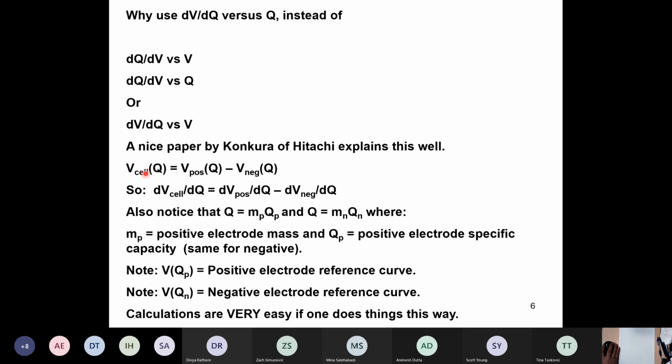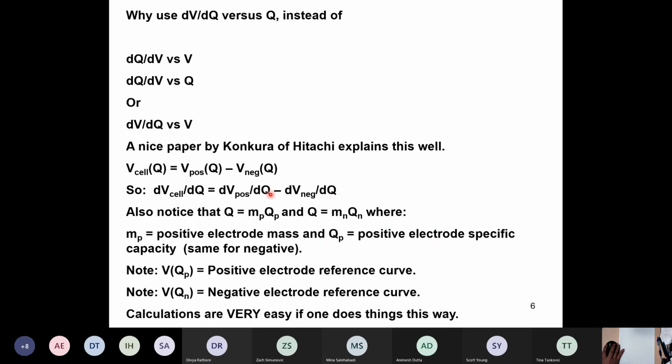The voltage of a cell as a function of capacity is equal to the voltage of the positive electrode at the same cell capacity minus the voltage of the negative electrode at the same cell capacity. So this is obvious. So if you differentiate this equation, you get dV/dQ for the full cell equals dV/dQ of the positive electrode minus dV/dQ of the negative electrode.